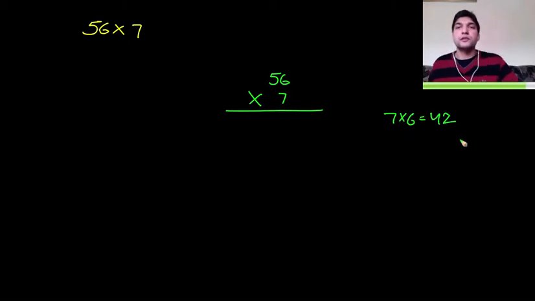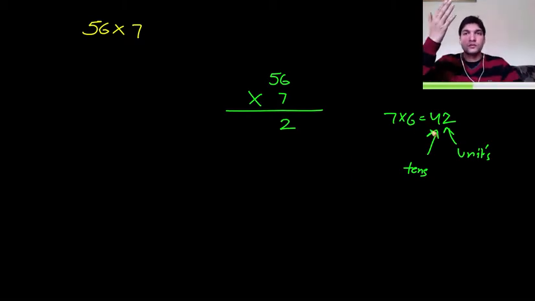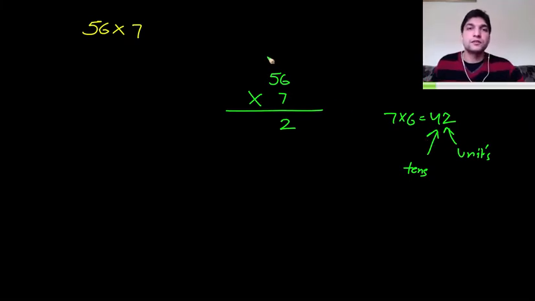And now if you see here, this 2 is the units place value, and this 4 is the tens place value. So this 2 has to be at the units place value in the answer field. So write 2 here, and this 4 will be carried over, like we were doing before in addition and subtraction. So this 4 will be here, carried forward to the tens place value.